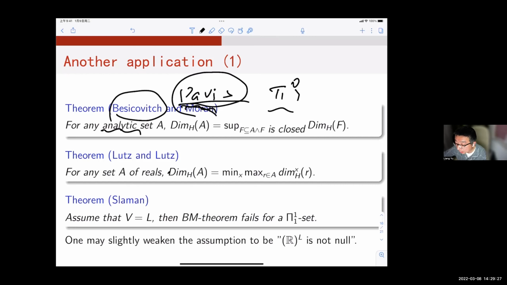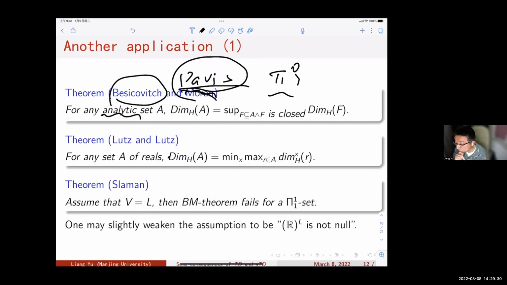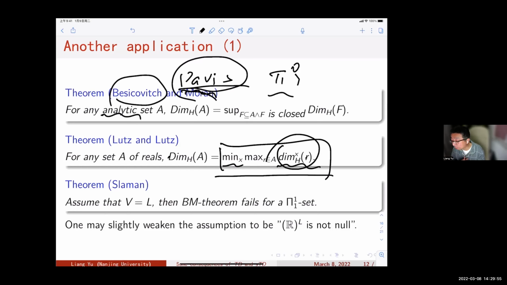They proved that for a given set of reals A, the Hausdorff dimension can be characterized as follows: for any single real R belonging to A, look at the effective Hausdorff dimension of R relative to X, take the minimum over the most powerful reals X, and the Hausdorff dimension of A equals this.